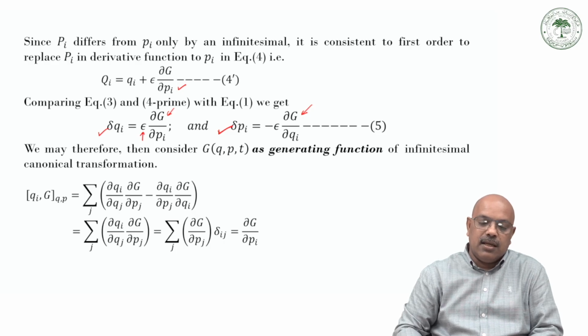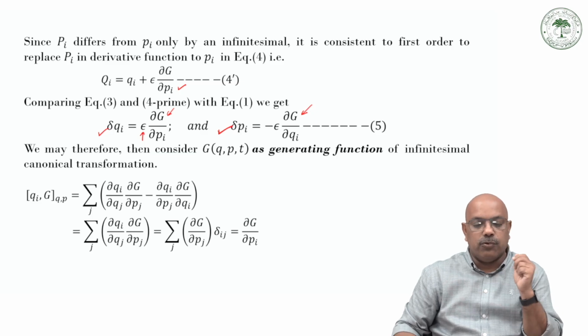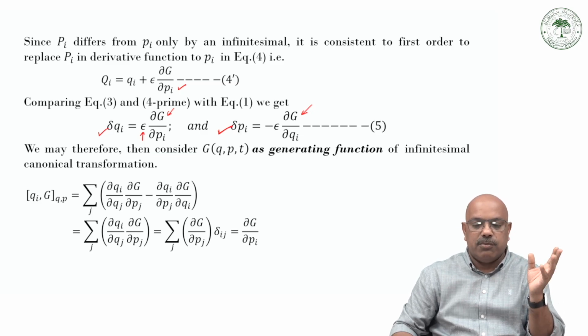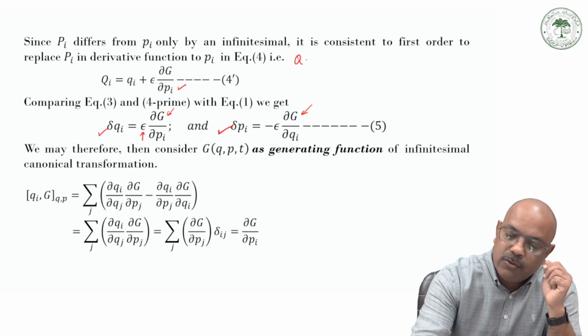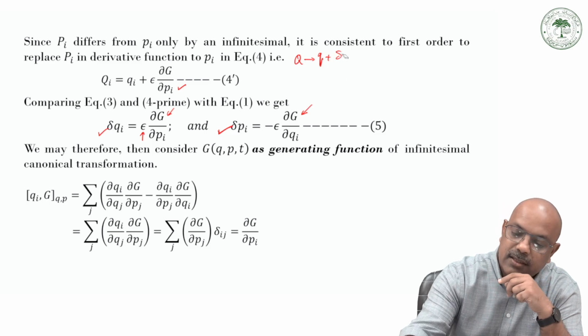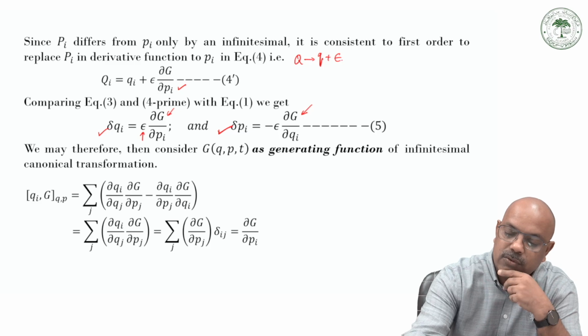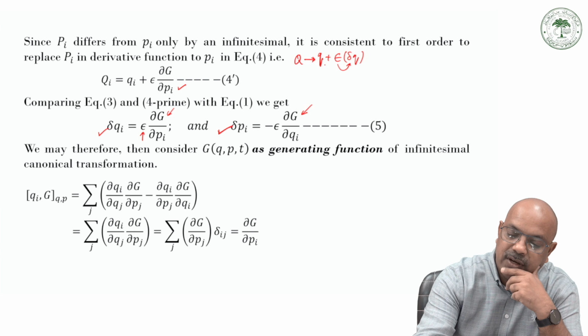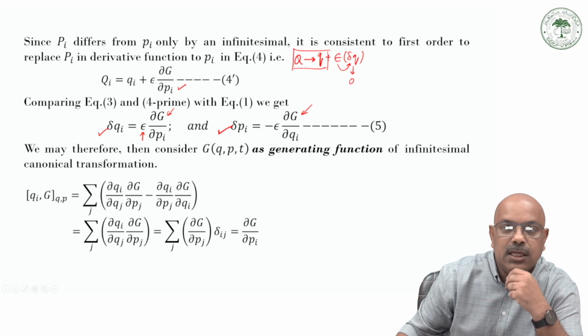We need a generating function for that, and that is going to be G in our case, which is related to the F2 generating function, the identity transformation, because when I go from q to q plus some epsilon, that is delta q, a very small transformation, and when it tends to 0, the transformation becomes the identity transformation.